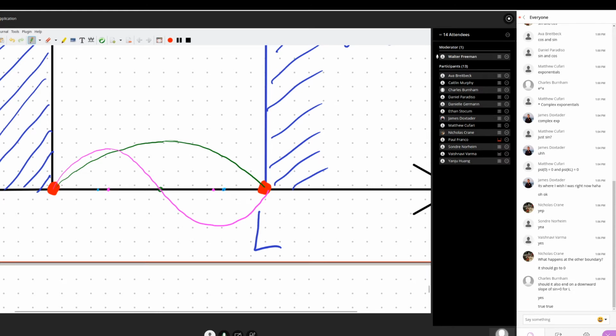These dots that I'm drawing are just guides for my own terrible art. Let's see, go up. There's a node there.